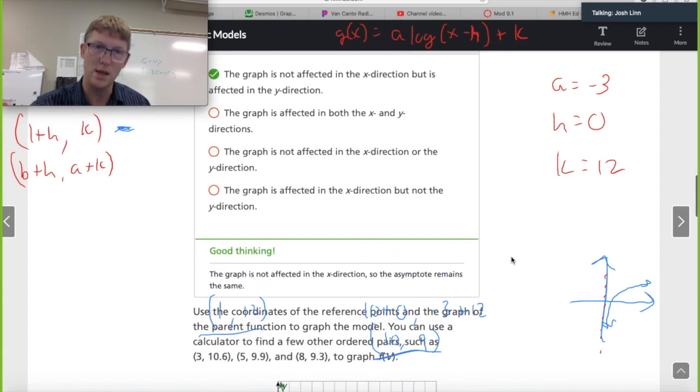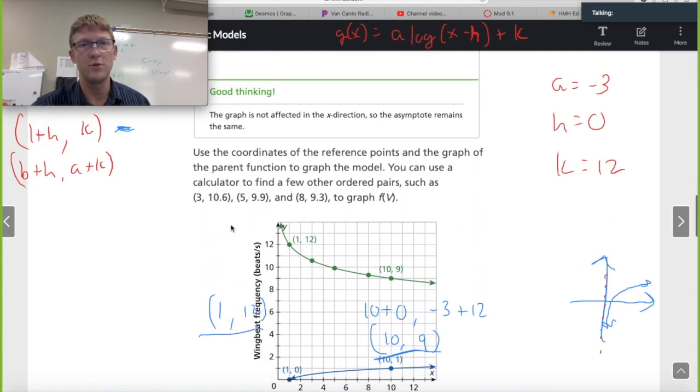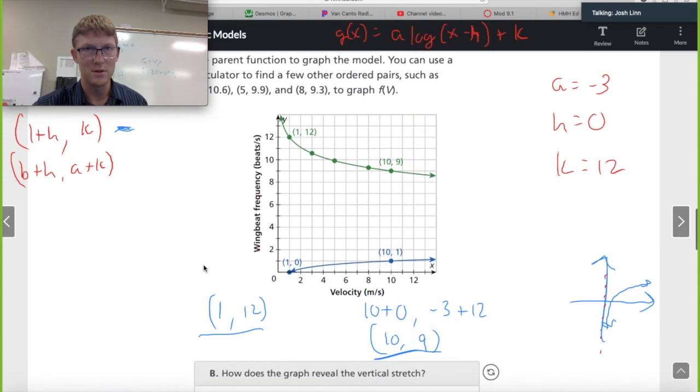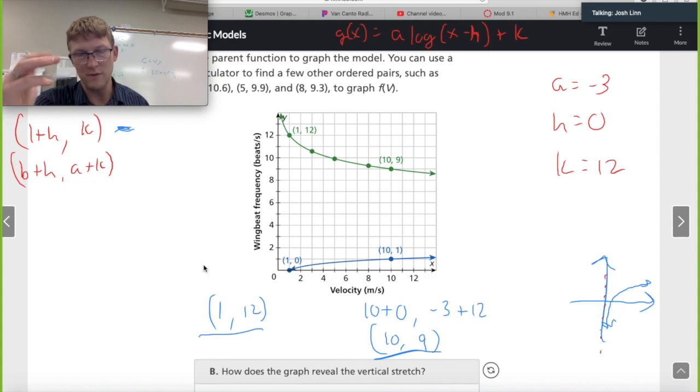Yay, good thinking. So use the coordinates and the reference points to graph the parent function. You can use a calculator to find. They kind of did that part for us, so I would just shove this into a calculator and then you can see it.